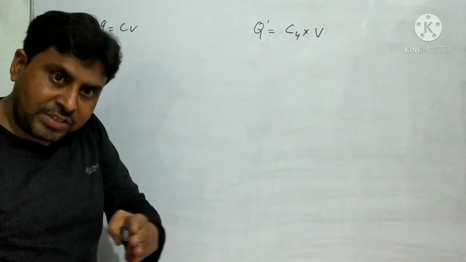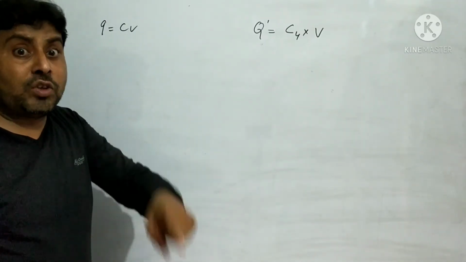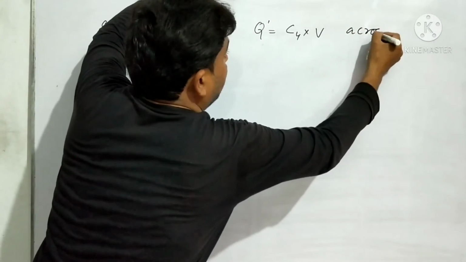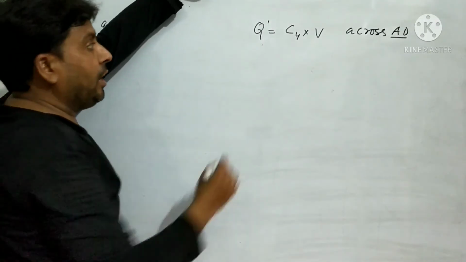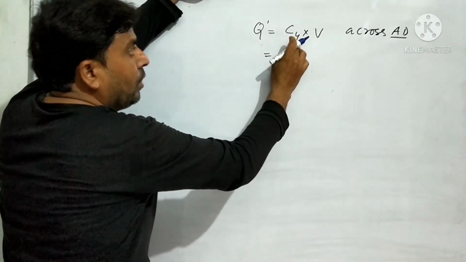You can just go back in the video and see the diagram. The charge on the fourth capacitor across AD. Across AD, Q dash is equal to C4, the capacitance.